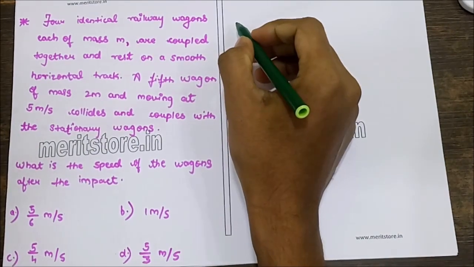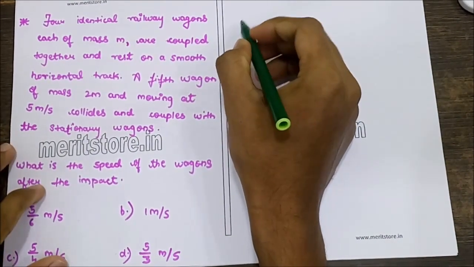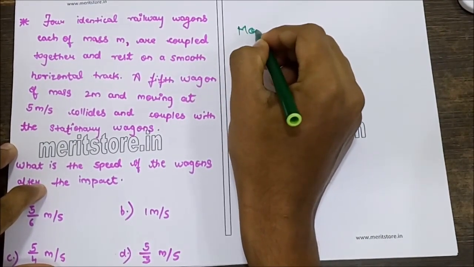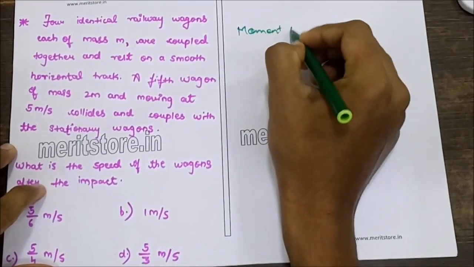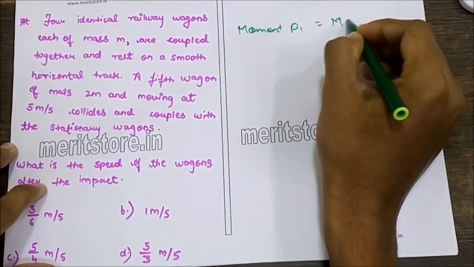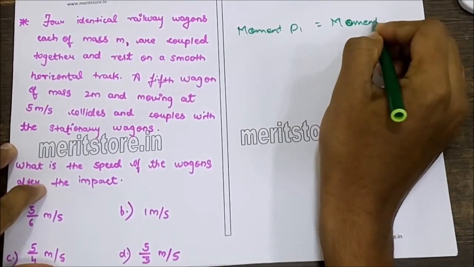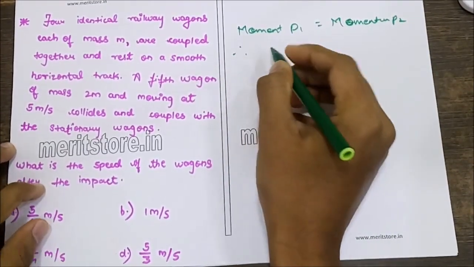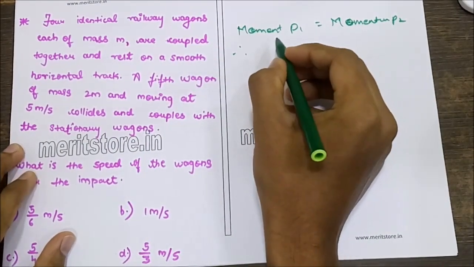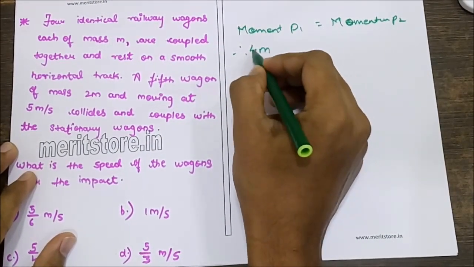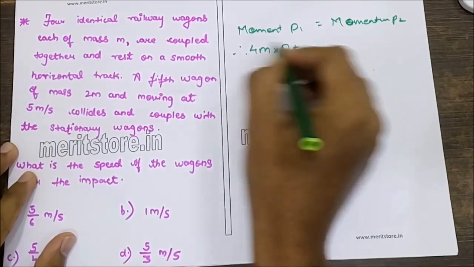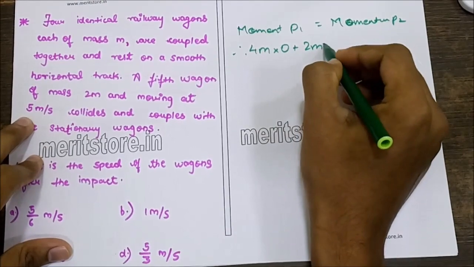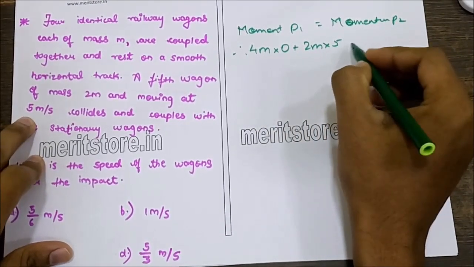Here we need to use the principle of conservation of linear momentum, which states that momentum before collision is equal to momentum after collision. Therefore, before collision, the four railway wagons had zero velocity, hence 4m into 0 plus the fifth wagon of mass 2m had a velocity of 5 meters per second.